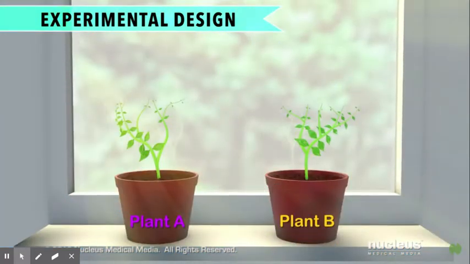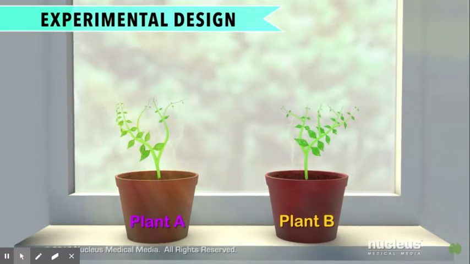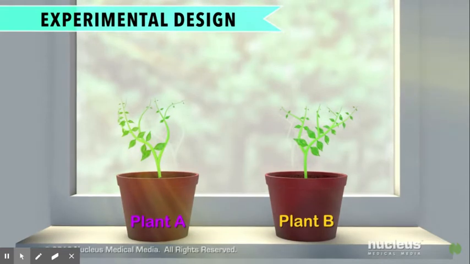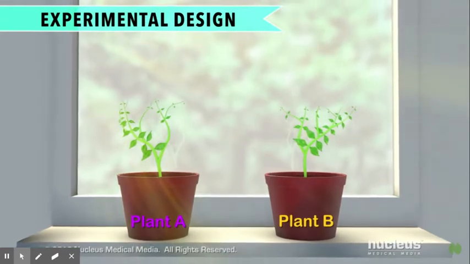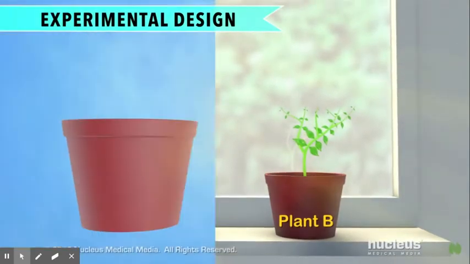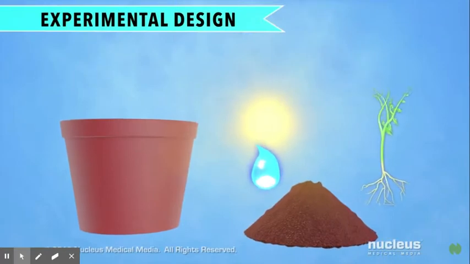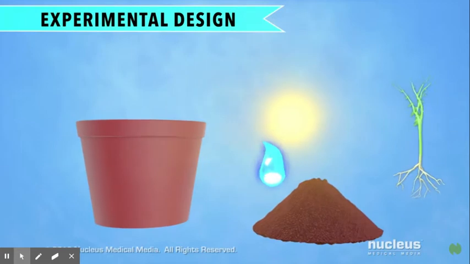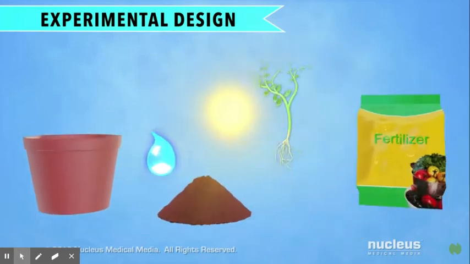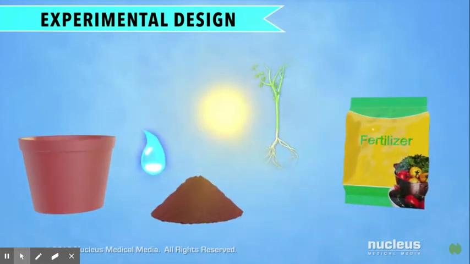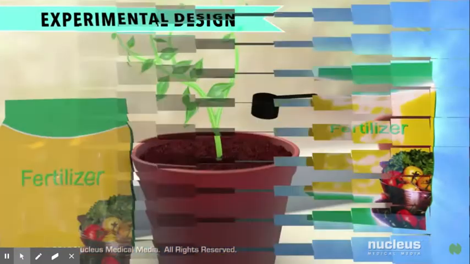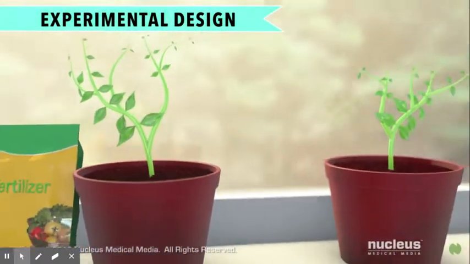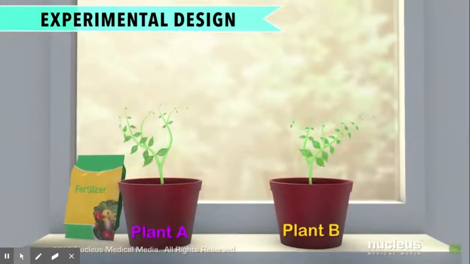You would also put the plants next to each other in the same place, such as a windowsill, so that they're both exposed to the same amount of sunlight and kept at the same temperature. It's important that everything is the same, because the purpose of your experiment is to find out whether or not the fertilizer works. So, what would be different? In this experiment, the only difference is that only plant A would get the fertilizer.